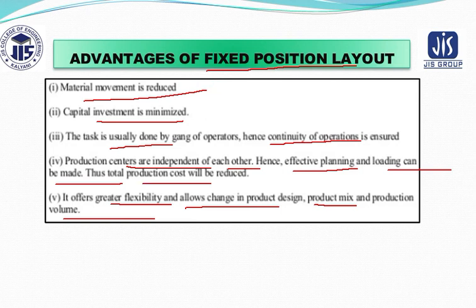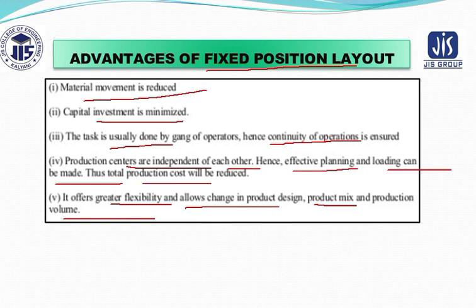So if I come to summarize the advantages of fixed position layout, then we can say that material movement is reduced, but at the same time capital investment is also minimized. Now the task is usually done by a gang of operators, hence continuity of operation is also ensured.